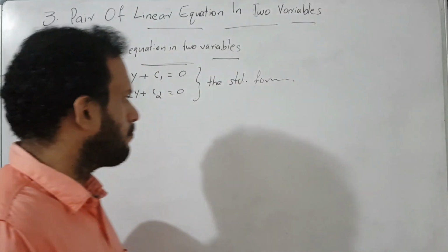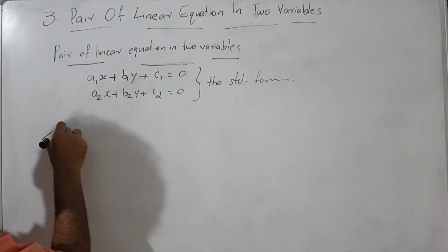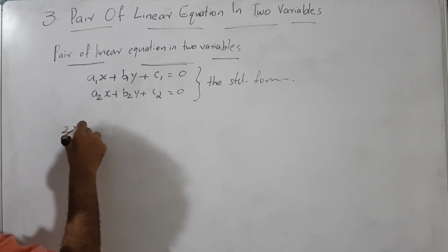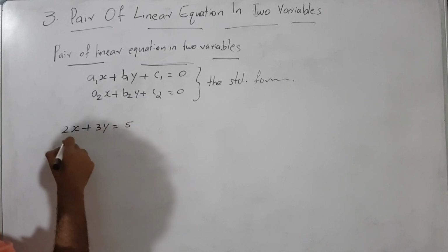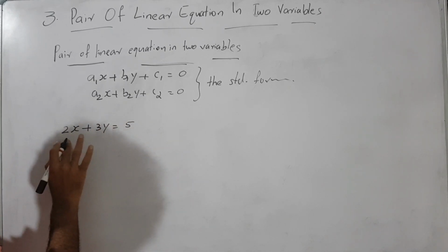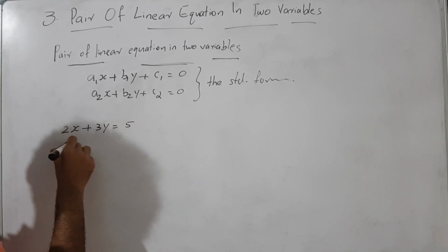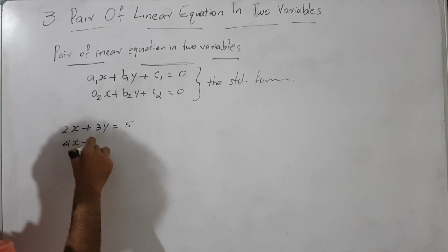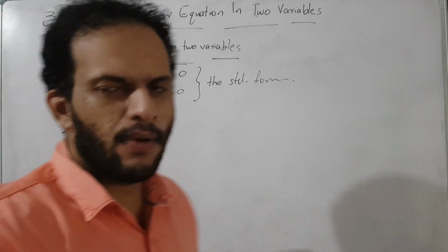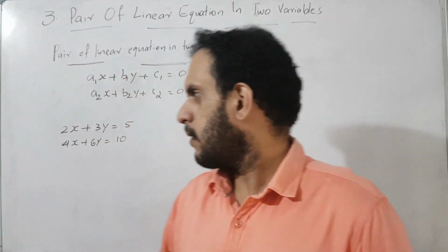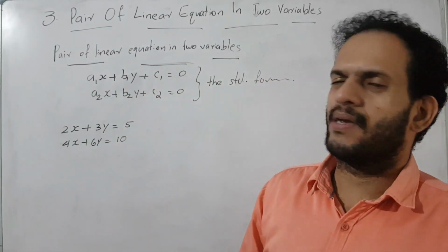For example, like this: 2x plus 3y is equal to 5 and 4x plus 6y is equal to 10.